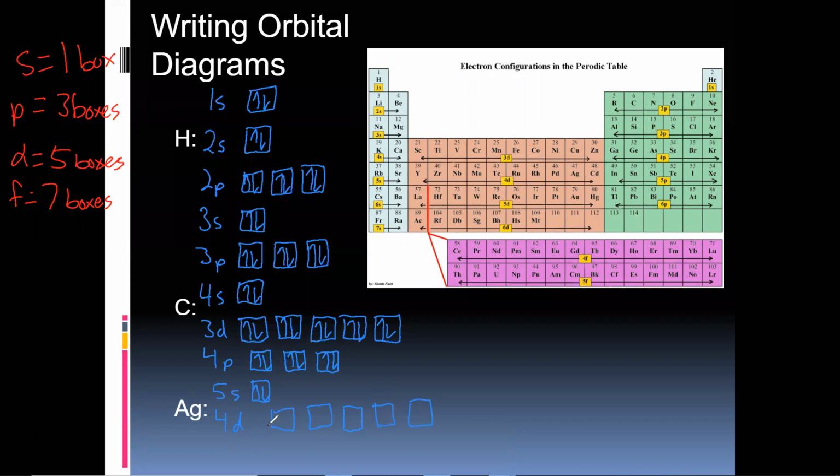Okay. Remember, this last one was 4d9, and you can see that in your notes. So as we fill it up, we go 1, 2, 3, 4, 5, 6, 7, 8, 9. Okay? This last box only has 1 electron. That is the complete orbital diagram for silver.